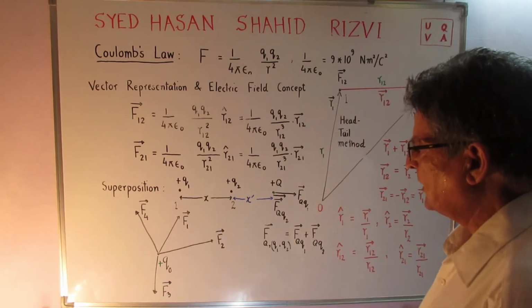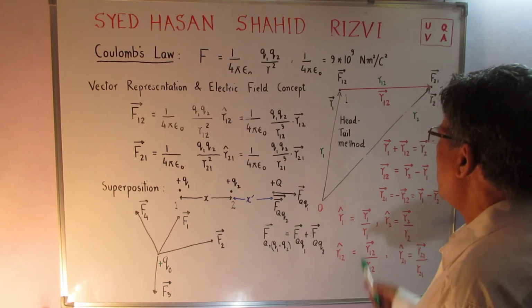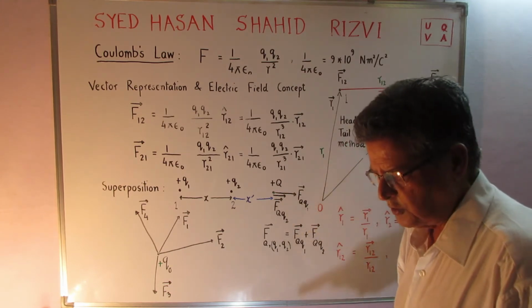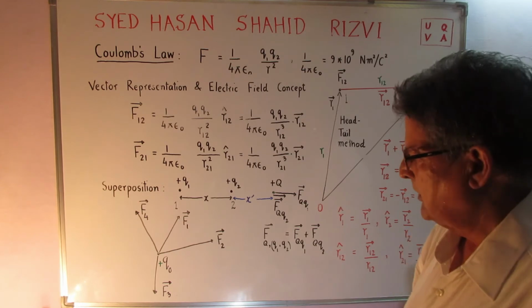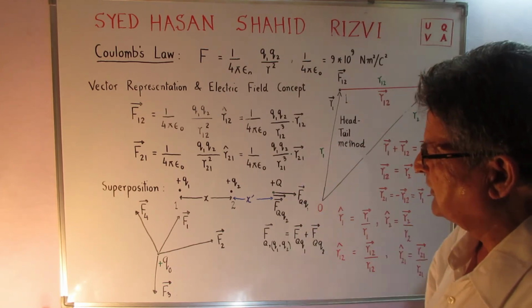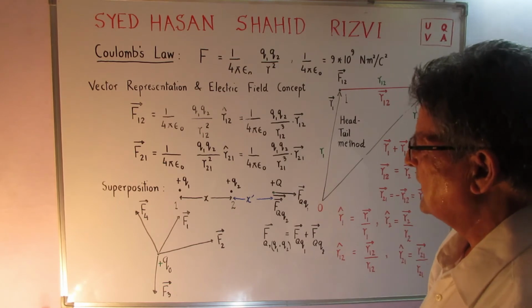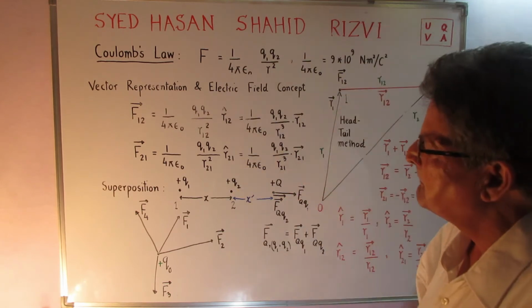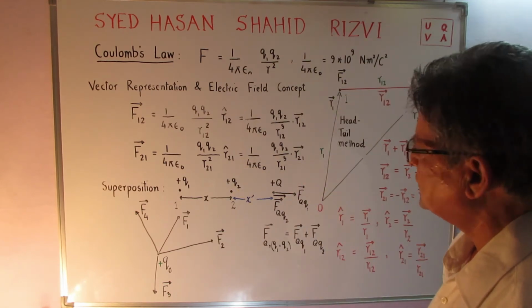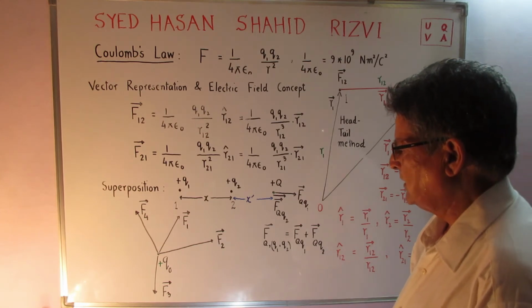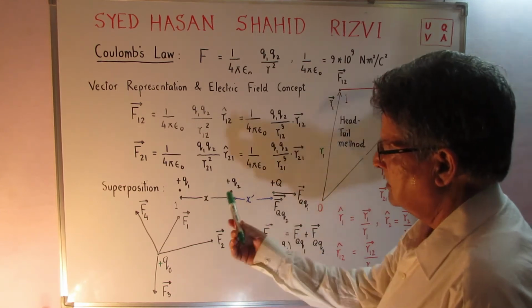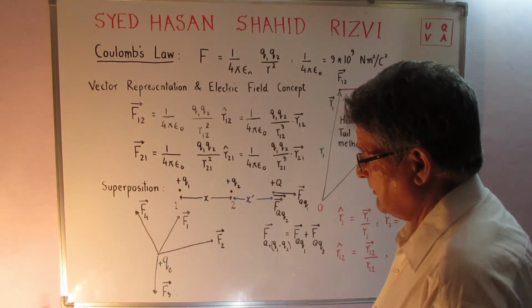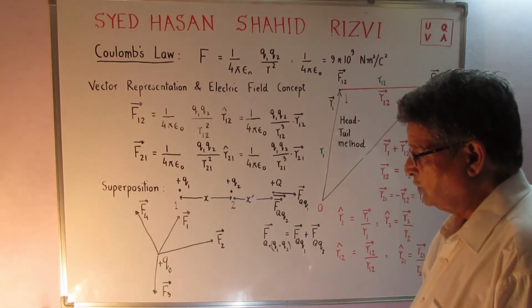Using the concepts of vector addition, you can take the head-tail method, or you can use the parallelogram law, the triangle law, or the polygon law of vector addition, etc. You can see that in the main text of vector algebra that I introduced to you, or you can even visit the lecture that I had for Newton's law of gravitation.